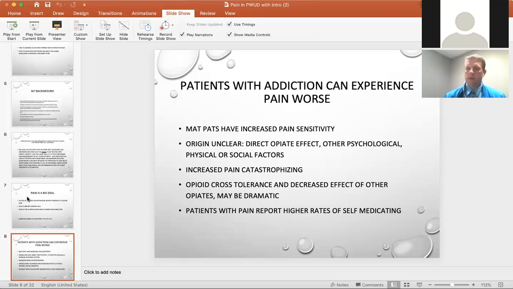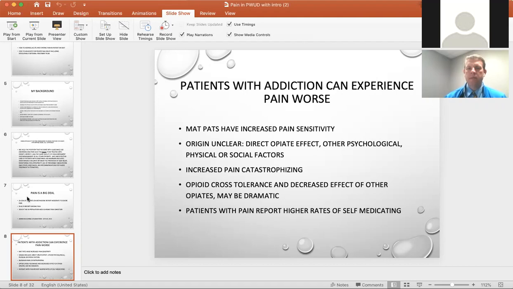One of the ways it's cruel is that, particularly with opiate addiction, on the surface we use opiates to treat pain, and then through the course of my addiction and escalating use and all of the consequences thereof, including physiologic consequences, it starts to make it so that I experience pain worse. So our patients, particularly with opiate addiction, have a worse experience of pain in general than patients who do not have that diagnosis.